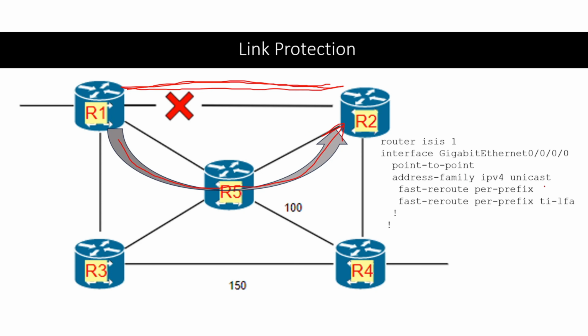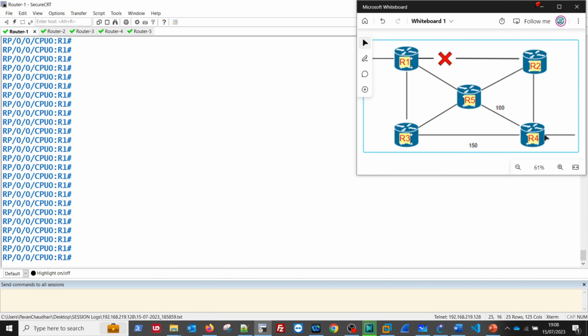These are the two commands we need to enable for that. The link between R5 and R4 is metric 100, and between R3 and R4 it is metric 150, and the remaining paths have the default metrics. So let's enable the link protection between R1 and R2.